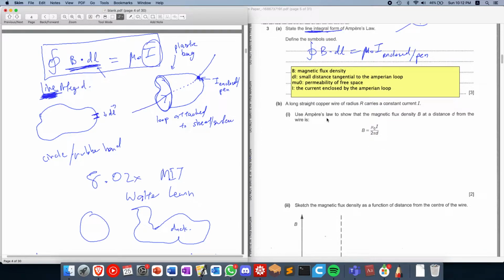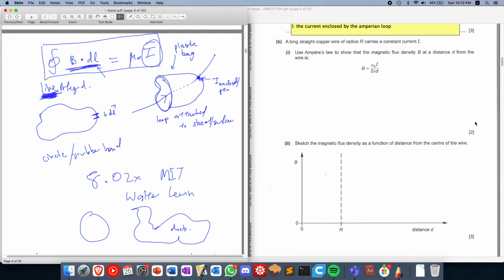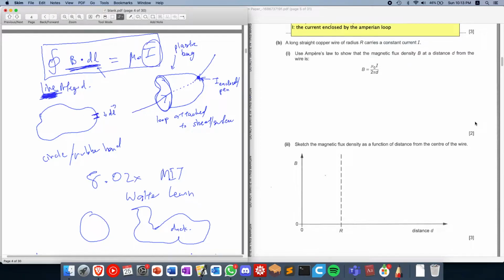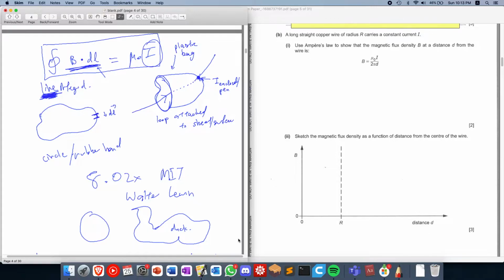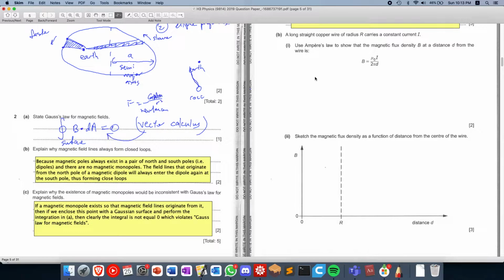So now we have a long straight copper wire of radius r, and we want to show that the magnetic flux density at distance d is this. So what this is saying is that there's a current-carrying wire of radius r, and it has current I flowing through the entire wire evenly, I suppose.